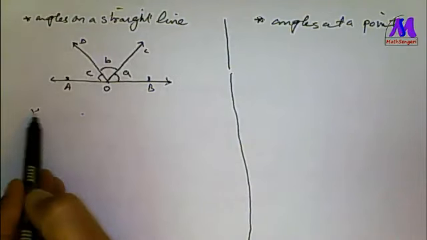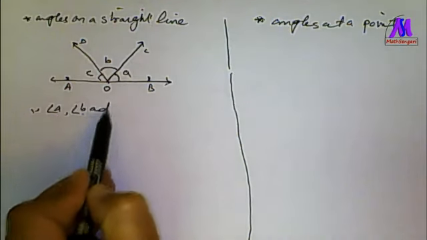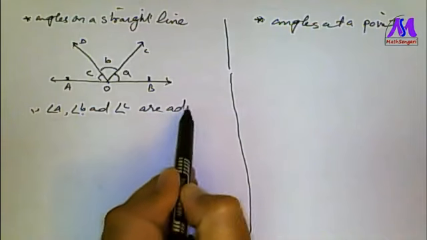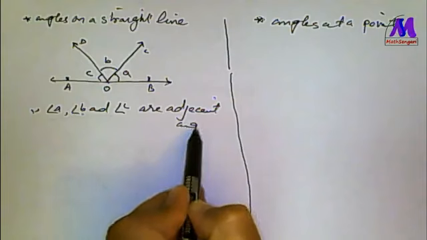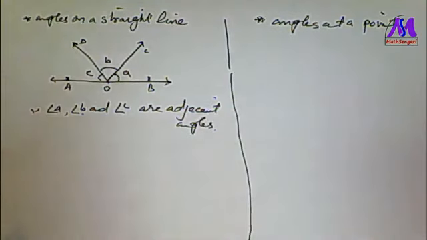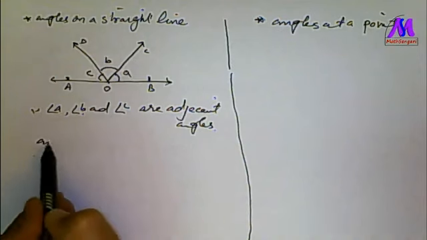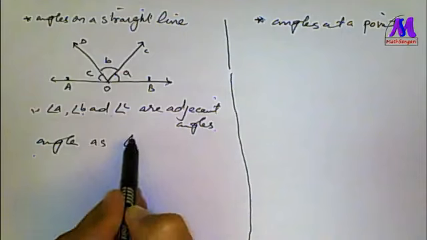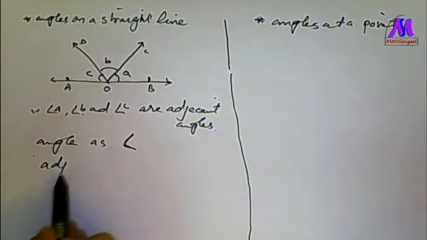So this means that angle A, angle B and angle C are adjacent angles. Shortly we can write the angle sign, and the abbreviation of adjacent is ADJ.